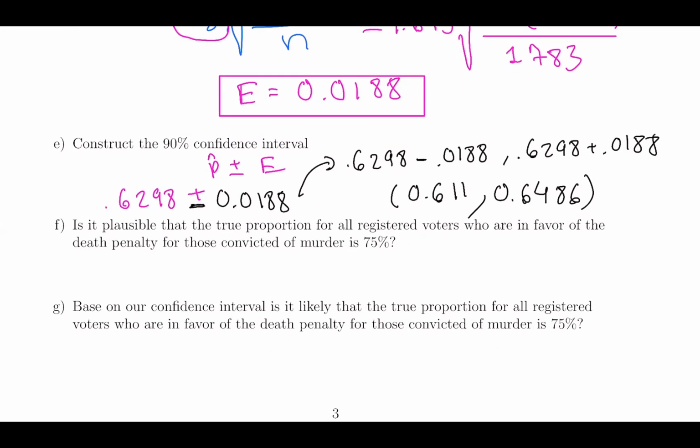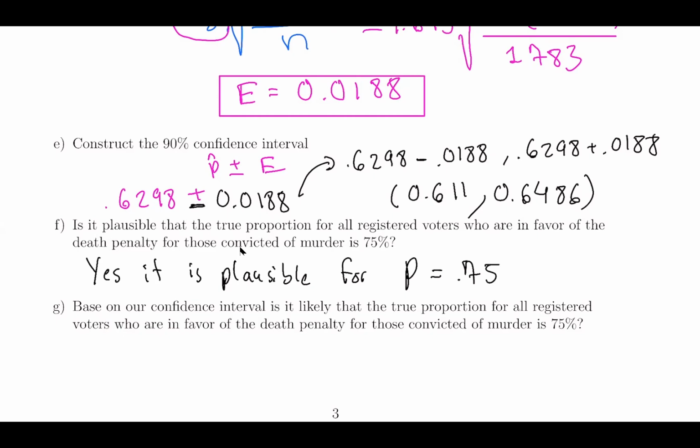Because right now the confidence interval is telling us it should be between 61% and 64%. But the thing is, the confidence interval is not always going to be correct. So this one says, is it plausible? And we're going to say yes, it is plausible for P to equal 0.75. And that's all you got to do for F.